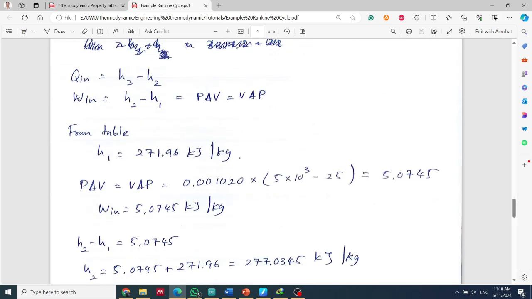The same way we can write W in equal to H2 minus H1, and W in equal to V delta P, because it is an isentropic compression process, right? Therefore we can write V delta P, where V is the specific volume of the liquid. We can extract this value from the table.